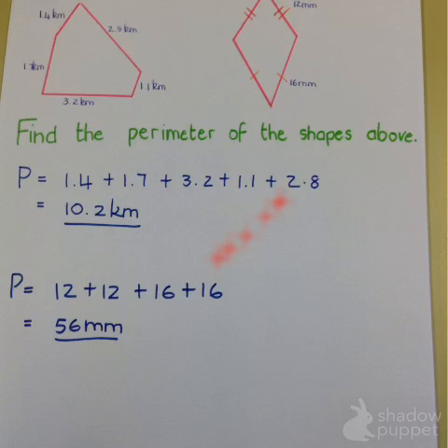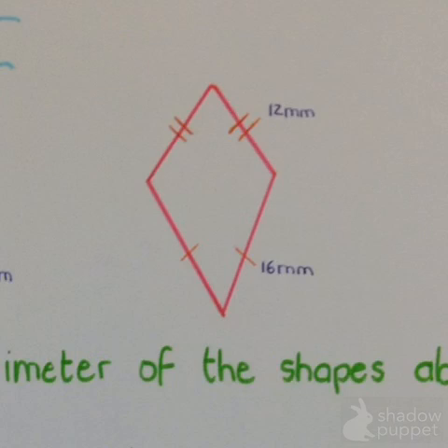If we have a look at the other one, we've got now these funny little lines. What they mean is that they're the same. They're like twins. So that one's the same as that one. So if this is 16 millimeters, then that's 16 millimeters. Can you see that there's two lines here?